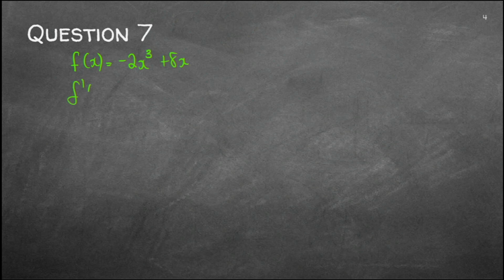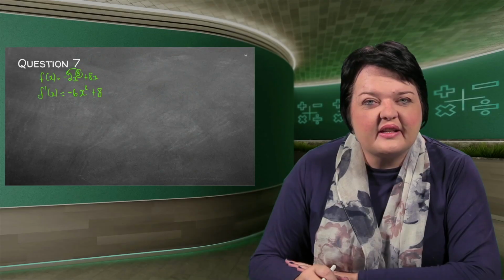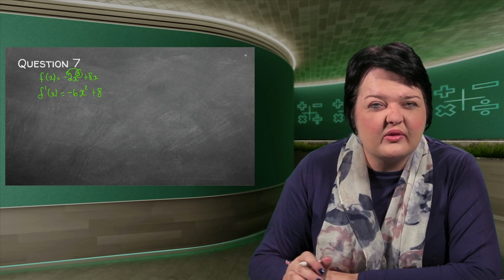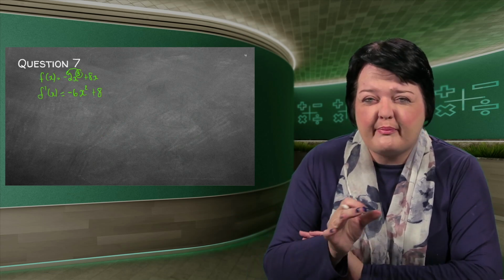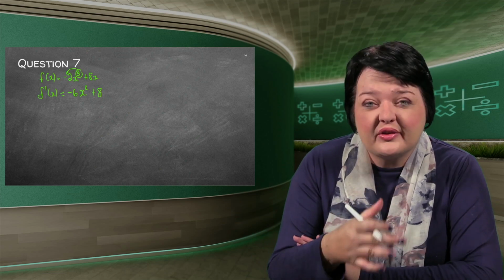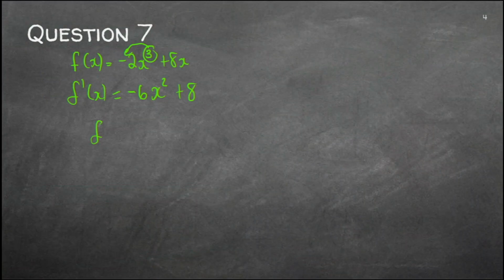So its first derivative, and if you can do the shortcut, bring it to the front, I'll get negative 6x squared plus 8. Very important, if you can simplify it without the steps in between, please do so. I know for a positive gradient or an increasing function, this first derivative must be larger than 0. So negative 6x squared plus 8 must be larger than 0.